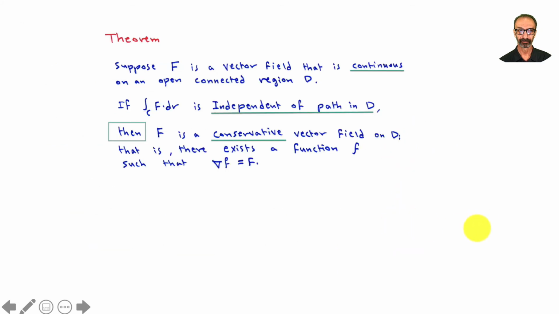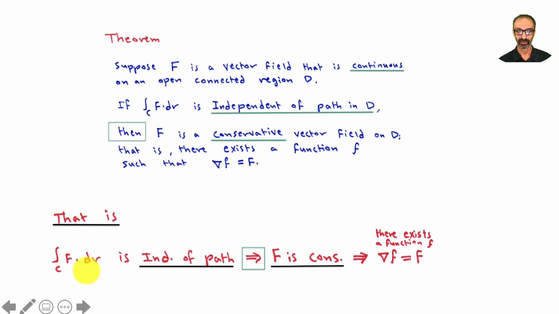Another theorem. Suppose F is a vector field that is continuous on an open connected region. If the line integral is independent of path, then F is conservative. That is, there exists a function f such that the gradient of that f is the vector field itself.